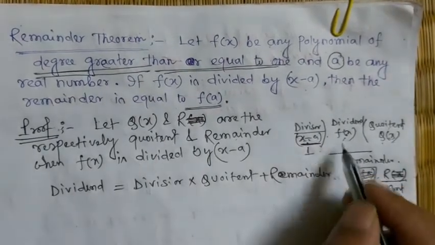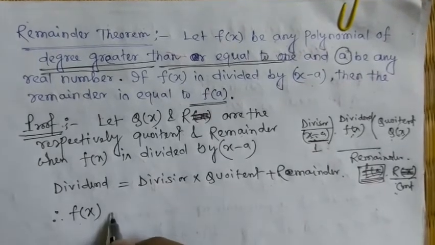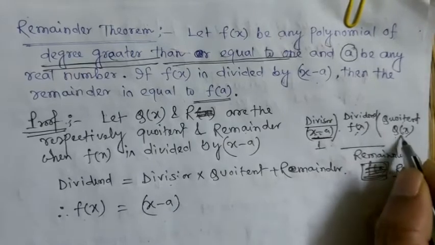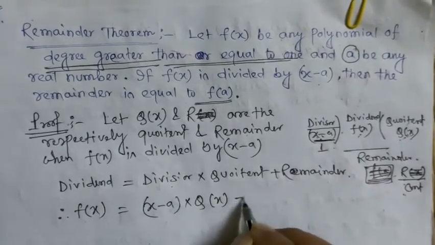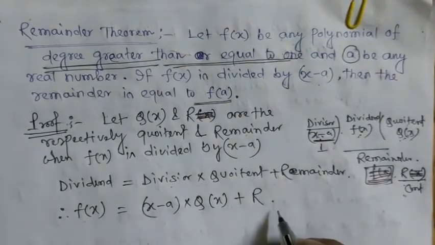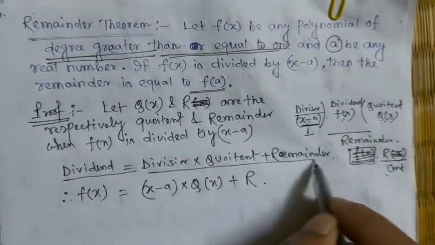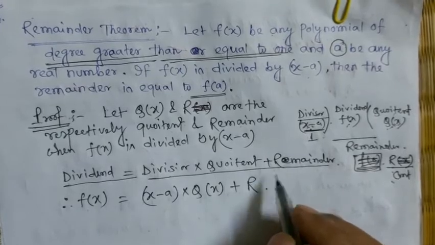Now what is the dividend? The dividend is f(x). Therefore f(x) equals divisor x minus a, multiplied by quotient q(x), plus remainder r. Now this is an identity, and this condition is true for all values of x.